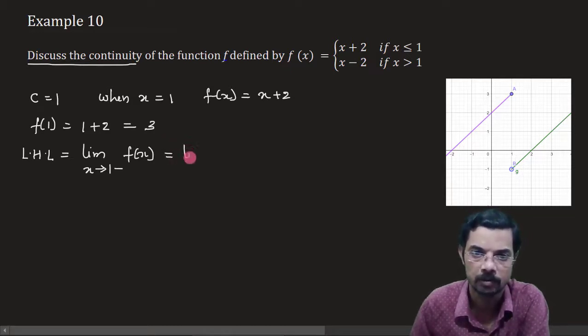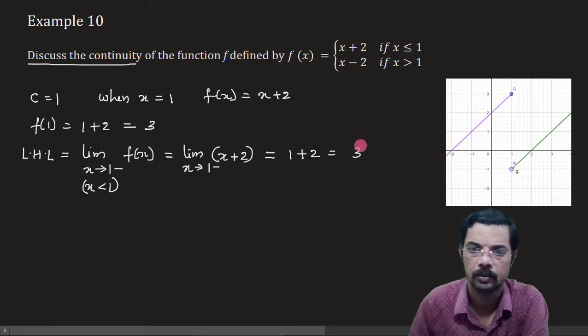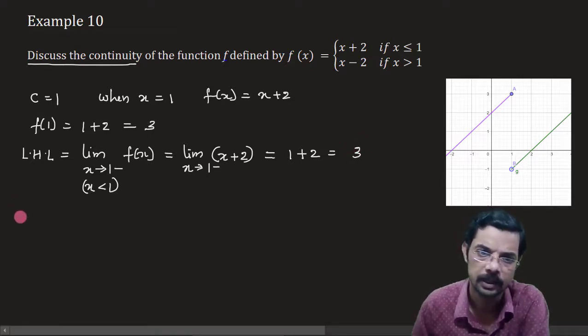From the left, f of x is x plus 2, because x tends to 1 from the left means x is less than 1. That should be understood. We just put the value 1 instead of x, that is 1 plus 2, which gives you 3.